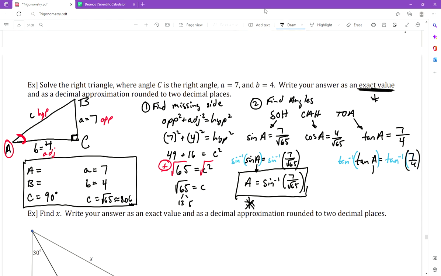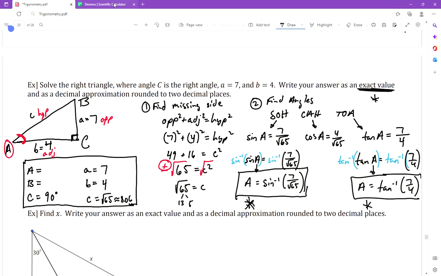Okay, so again, the A would be the only thing left over, and tangent inverse of 7/4 is on the right. So this is also the exact value answer for A. I'm just showing you could solve it in different ways. So these should be the same.